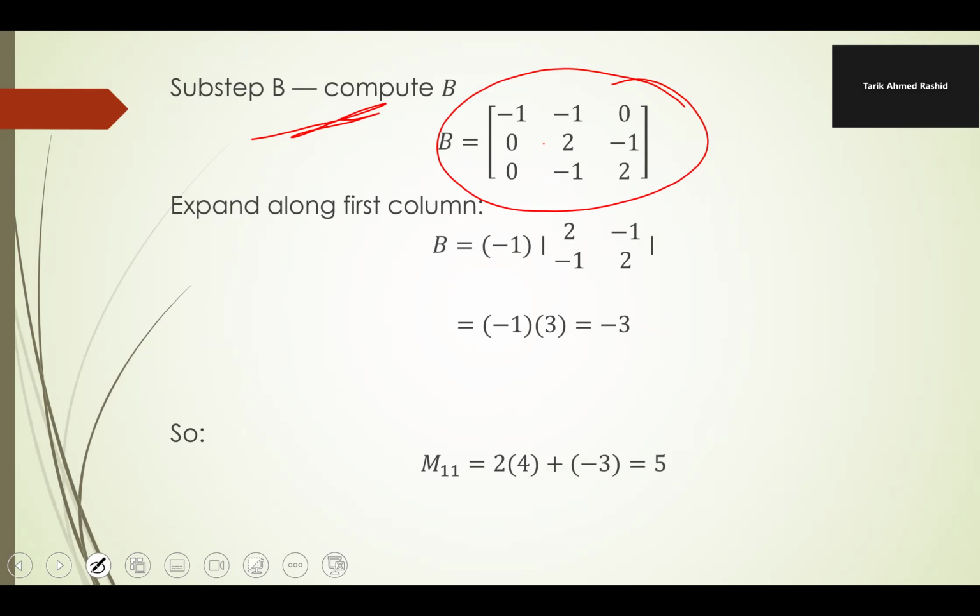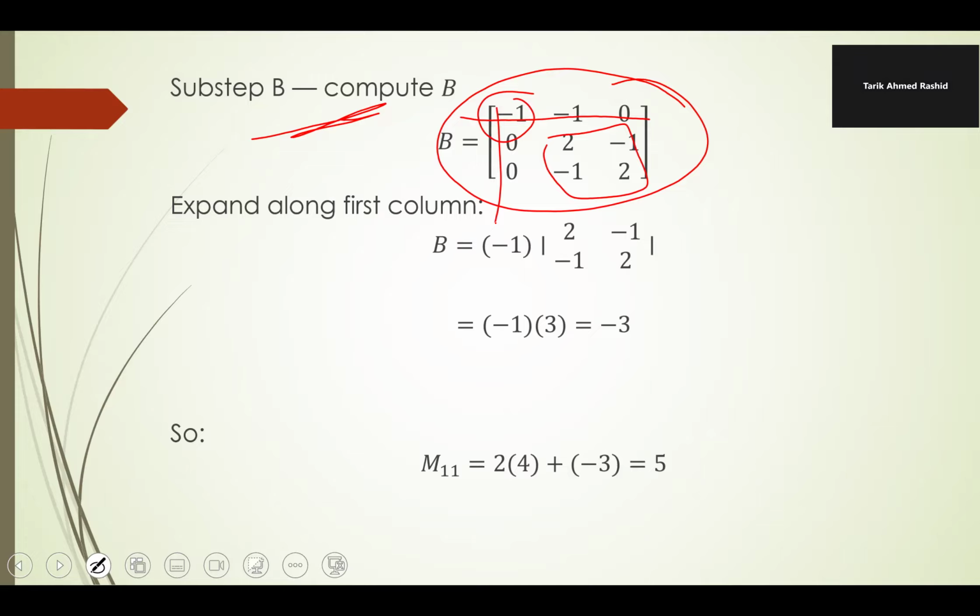Now, doing the B, the first term is multiplied by this part. If this one is ignored and this one is ignored, 2 multiplied by 2, minus 1 multiplied by minus 1.